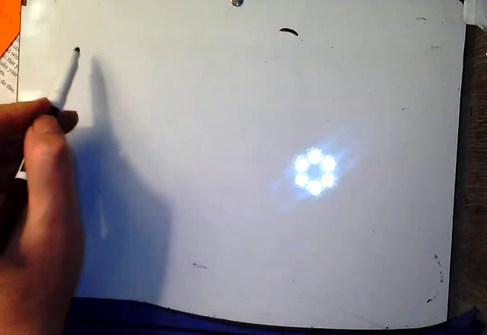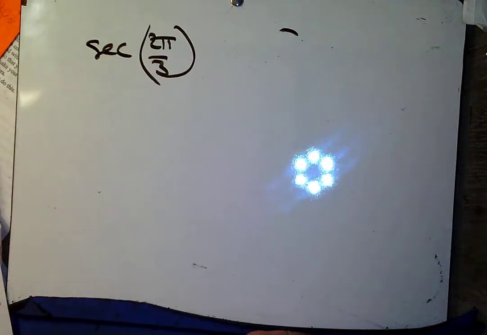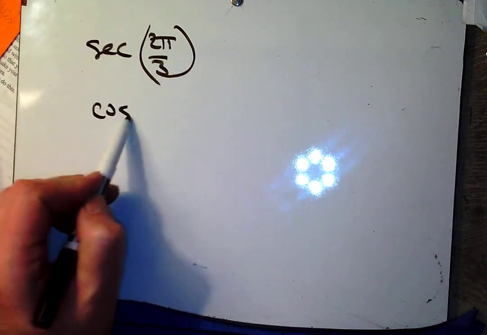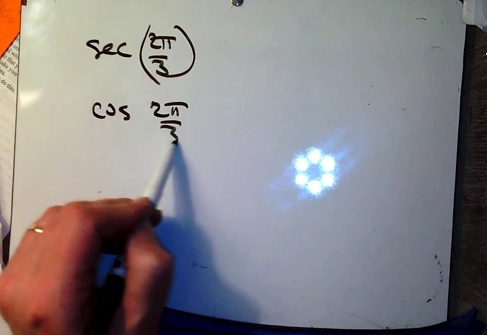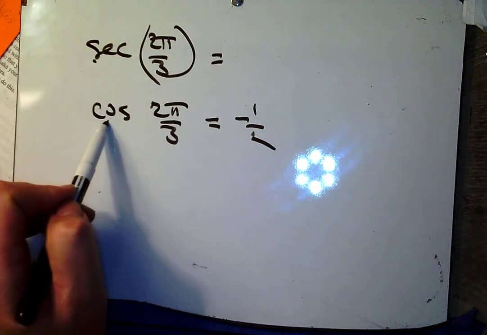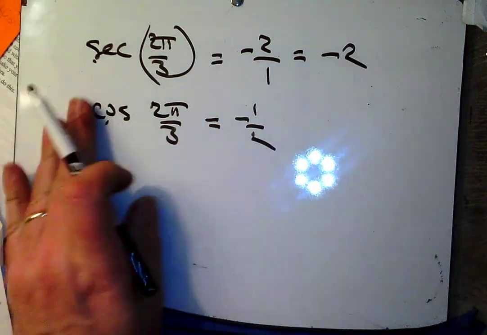How about this one? Secant 2 pi over 3. 5, 4, 3, 2, 1. Well, we know cosine of 2 pi over 3 is negative 1/2. And since secant is the reciprocal of this, we have negative 2 over 1, or negative 2.